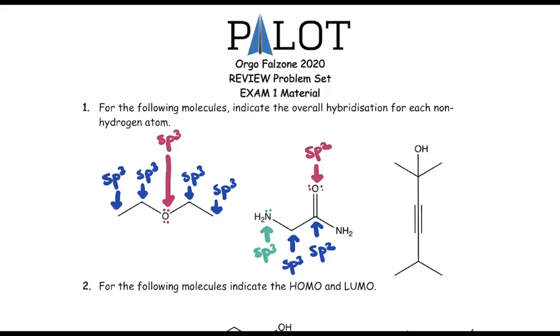Now for the nitrogen over here, you see that this lone pair, you could delocalize it into that carbonyl. So you can go in and take those electrons, push them here, and then send those electrons up. What that tells me is that those electrons from nitrogen are not localized.